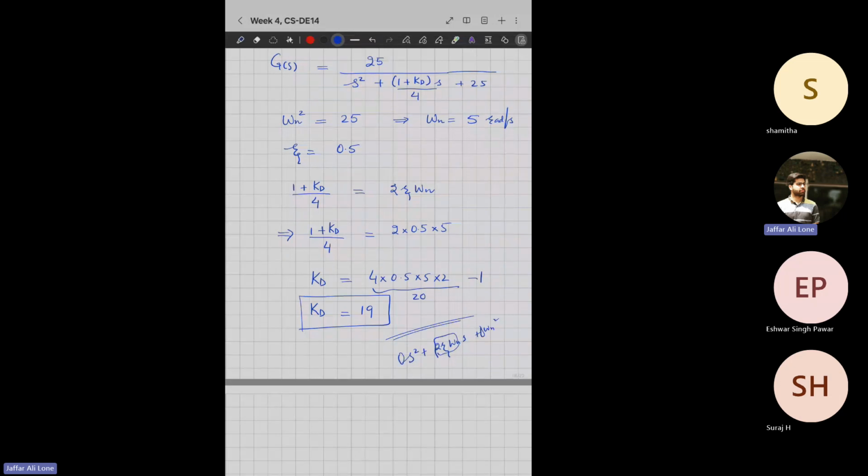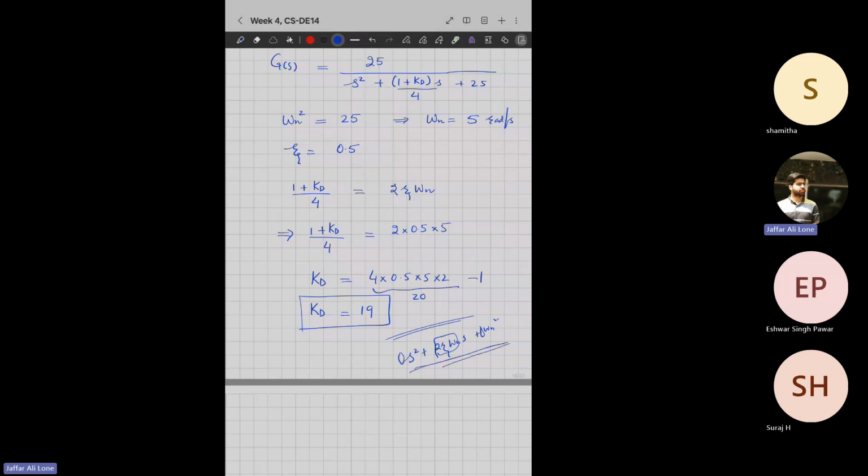If that is the case, then the system is stable. We will learn this in the upcoming week, when we learn Routh-Hurwitz criteria.